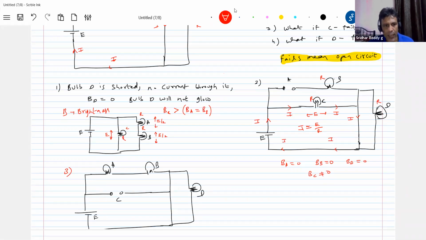The path of current I will be like this. There's an open circuit, so no current flows in the open circuited branch, and this is shorted. So what will happen to the brightness of bulbs A and B? They'll be equal.